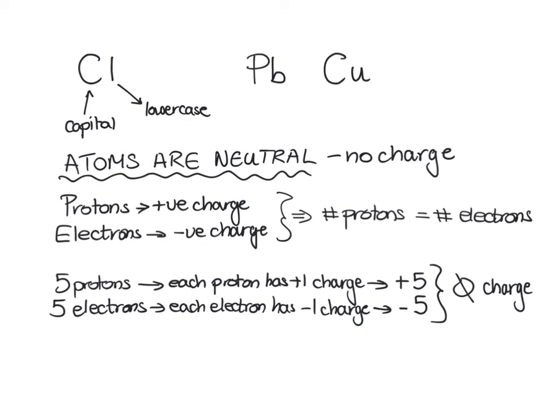So let me summarize this for you on a final slide. Here are the main concepts that we have learned with regards to subatomic particles and how we can calculate them. We know that the atomic number is the same as the number of protons.